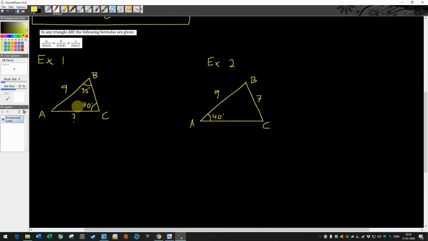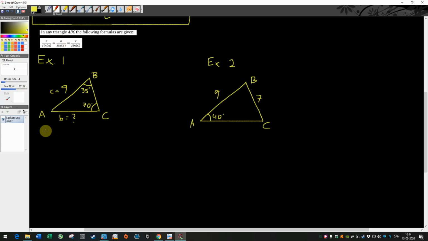I want to find small b, so my formula has to contain something with b. What do I know? I know the capital C, so the angle C, and the small c. Remember that the small letters are the sides, and this is small b, which we do not know.